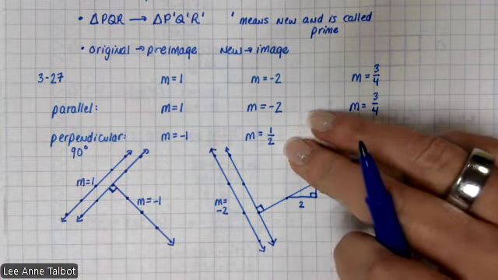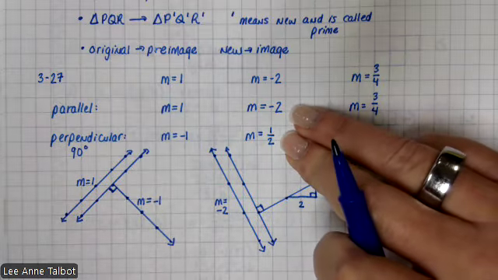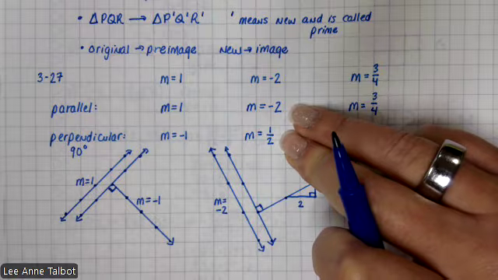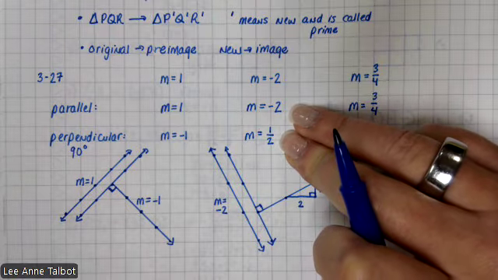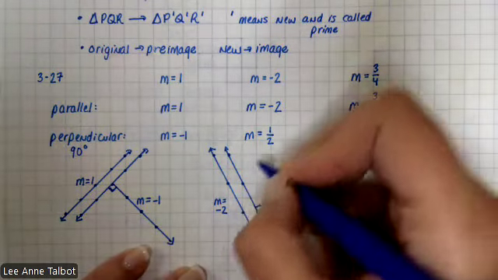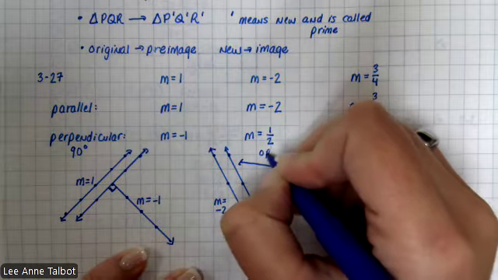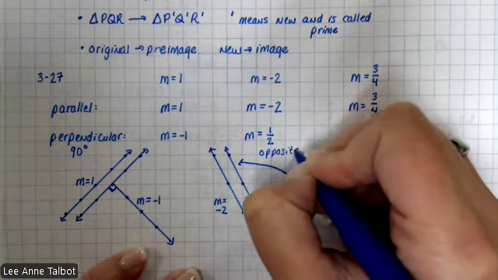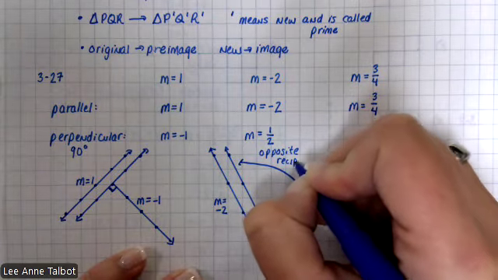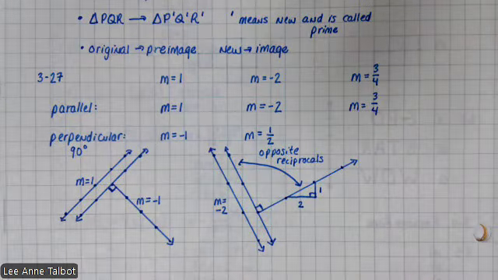What else? 2 and 1/2 are reciprocals. Okay, so these two are called opposite reciprocals. Opposite reciprocals.